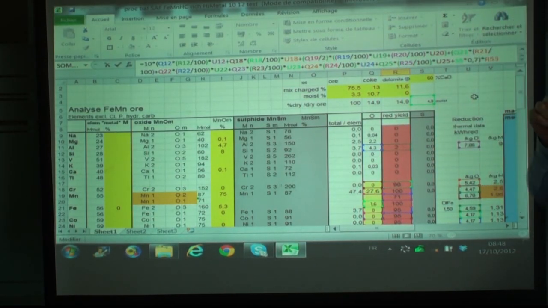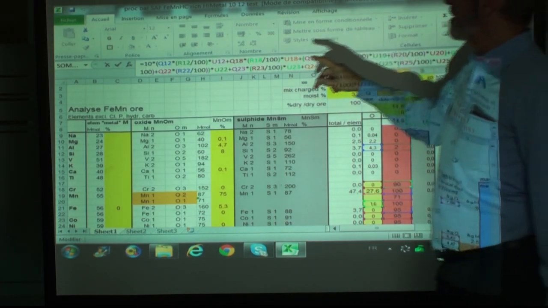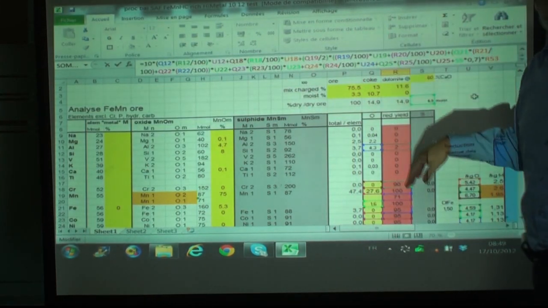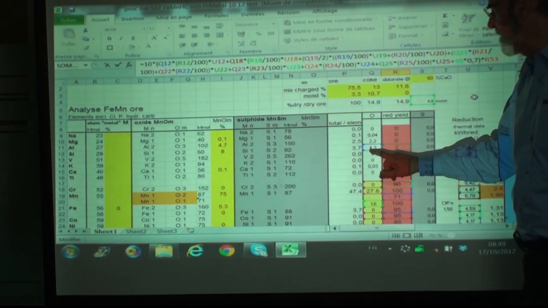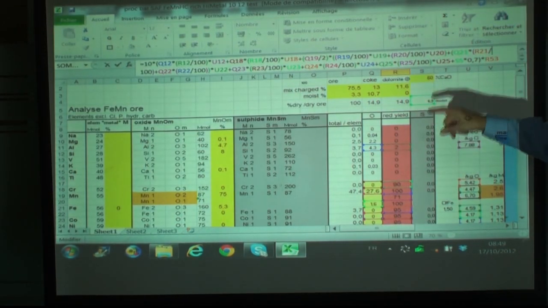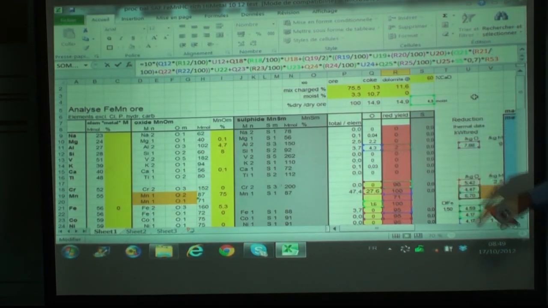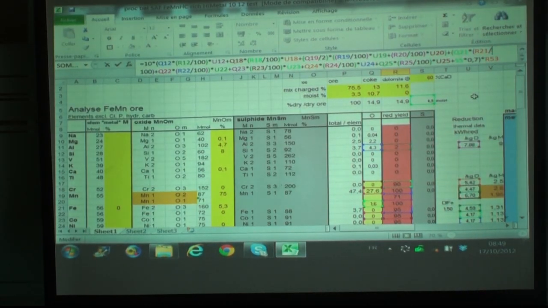kilo oxygen per 100 kilo, and here before we have the factor 10. Of course the factor 10 is for all the same. We take this 4.3 kilo oxygen per 100 kilo ore, we multiply by 2%, because of this 4.3 only 2% will be removed, because silica is practically not reduced, only very few.